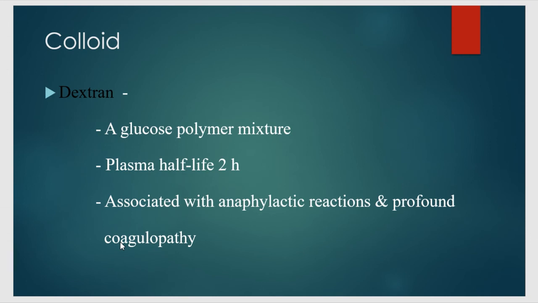Another colloid that is available, apart from albumin, blood and blood components, is dextran. It's a glucose polymer mixture. Plasma half-life again 2 hours, and the major side effect of this dextran is that it may be associated with anaphylactic reactions and profound coagulopathy, maybe DIC sometimes.